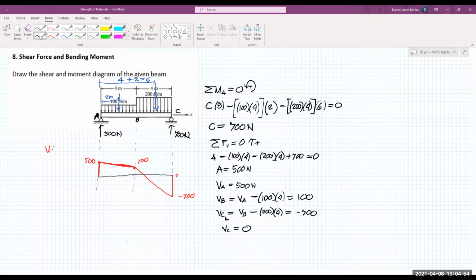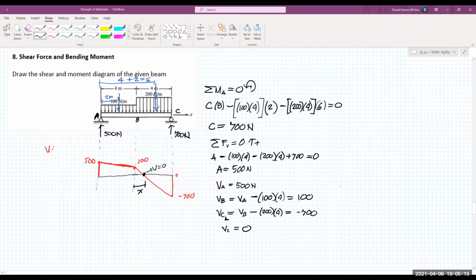But before we proceed to the moment diagram, we must consider the part where the sign of shear changes. So this is where shear is equal to 0. We must solve for this distance. Since we have two similar triangles at BC, we can use ratio and proportion.